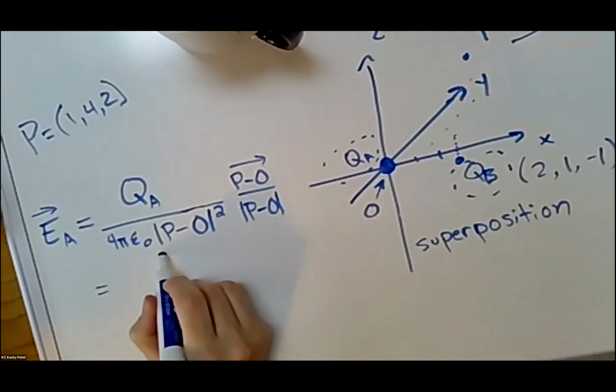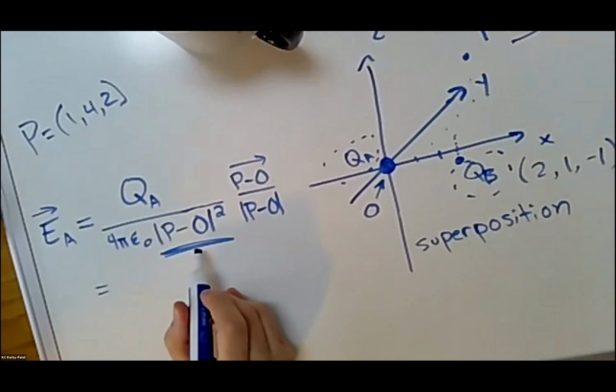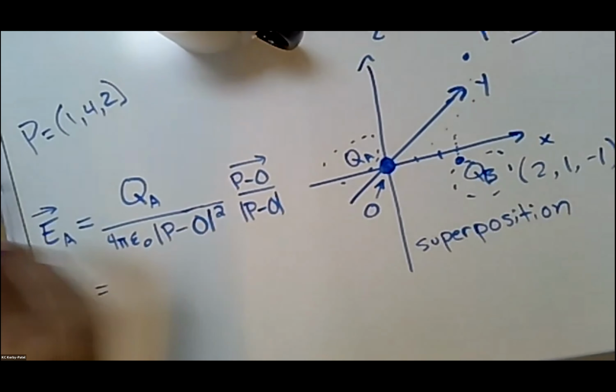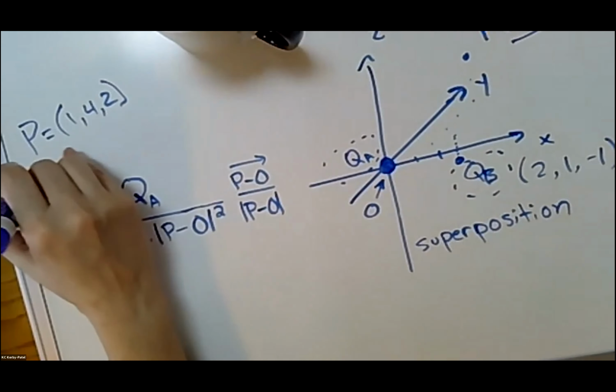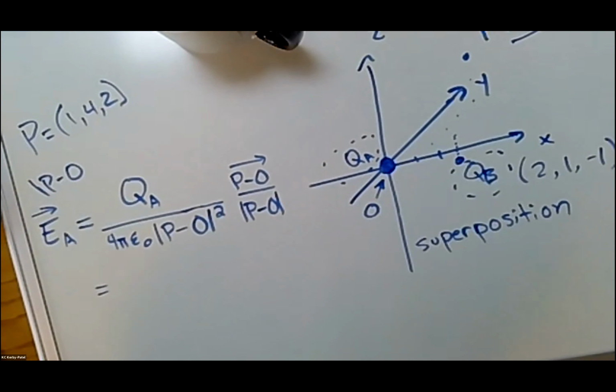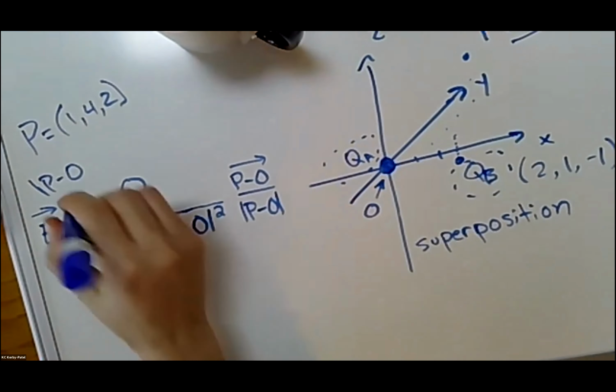So this magnitude of 1, 4, 2 is magnitude P minus O. I'm sorry, I breathed some dust.